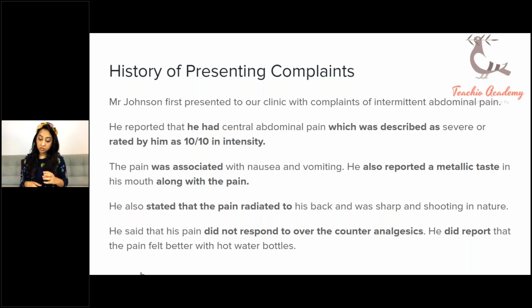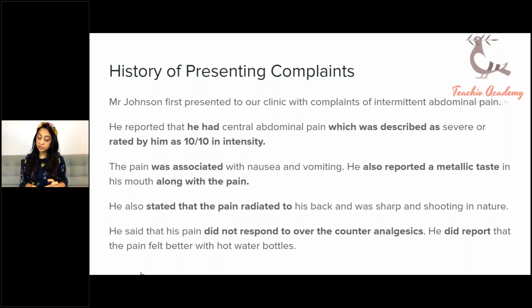Okay, if the patient starts talking about associations of the pain, that's again going to be in past tense, because the associations were there when you were taking the history of this patient. So you're going to write, the pain was associated with nausea and vomiting.